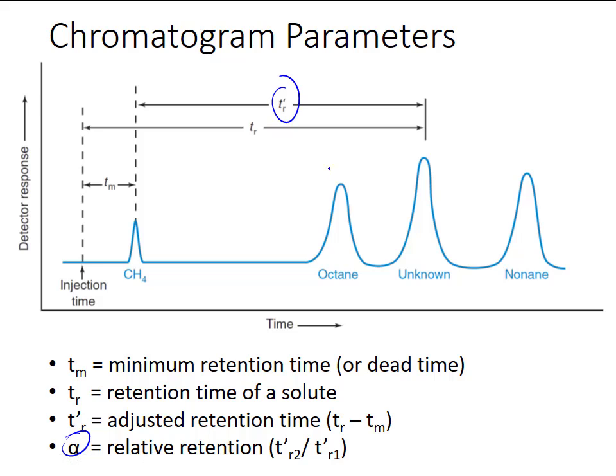In this case, if T prime 1 were for the octane peak, and T prime 2 corresponds to this unknown peak, then the alpha for the unknown peak relative to the octane peak would be given by this ratio. We're interested in alpha because it is a measure of how well resolved two peaks are, as we'll soon see.